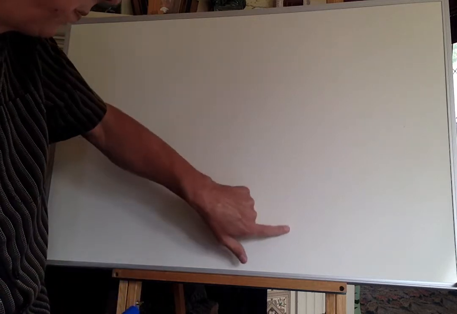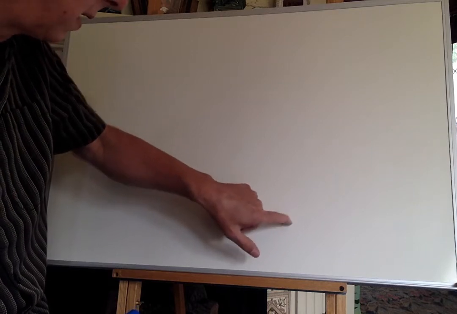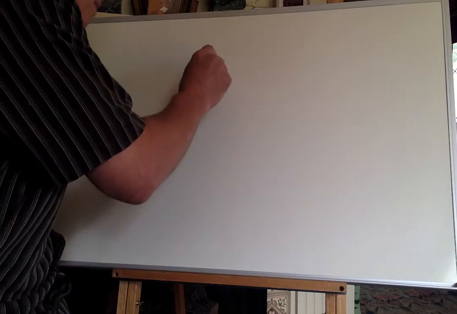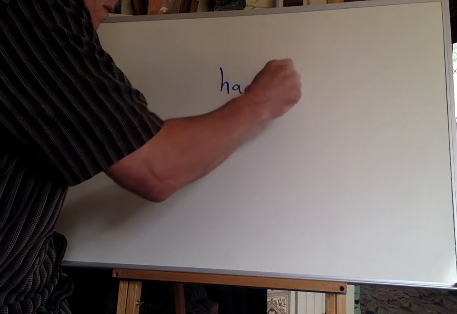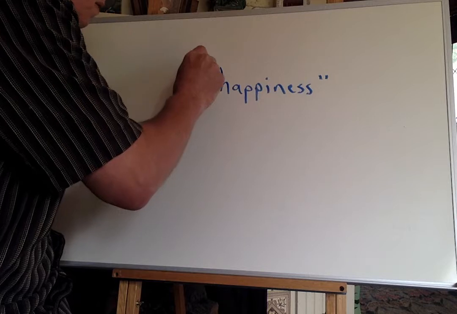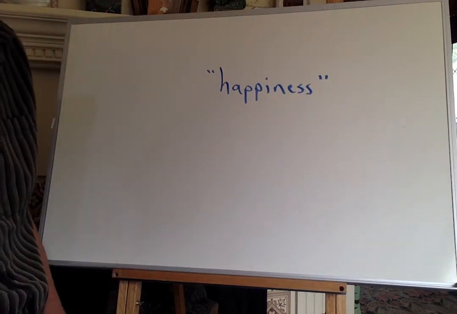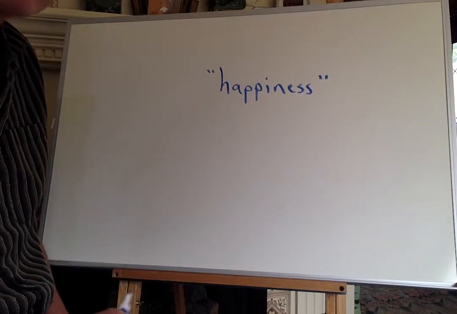Okay, so let's suppose that I'm interested in one of my favorite variables, what I think personally is one of the most important variables in life, and that is happiness. Okay? I mean, we can talk about happiness as a hypothetical construct, right?